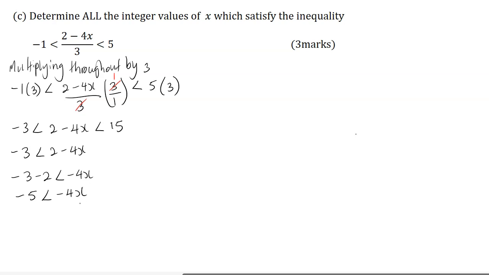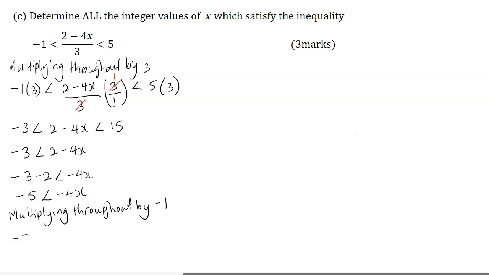Now when we're solving inequalities, we cannot divide both sides of the inequality by a negative coefficient. We need to multiply throughout by minus 1. So I'll write here multiplying throughout by minus 1.